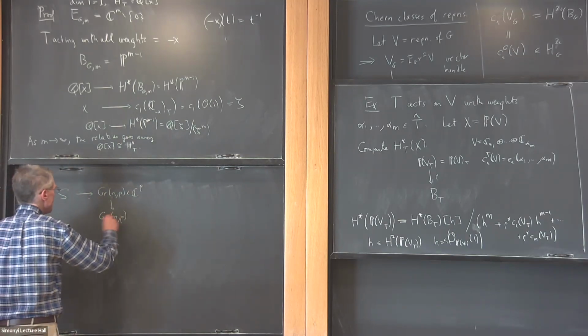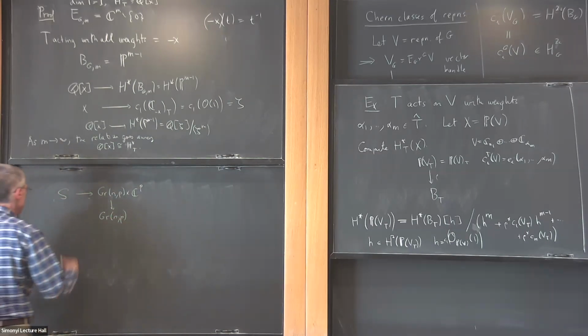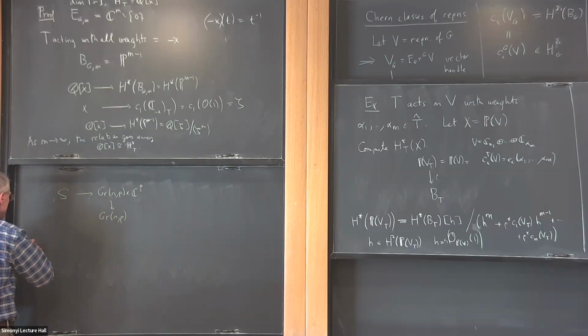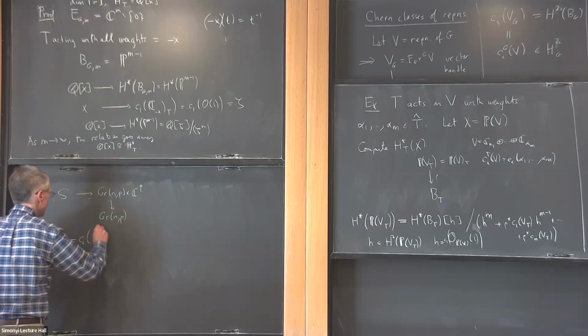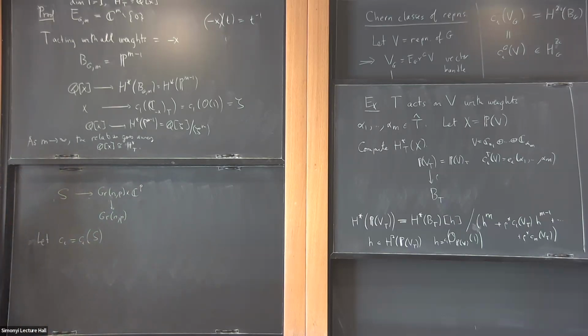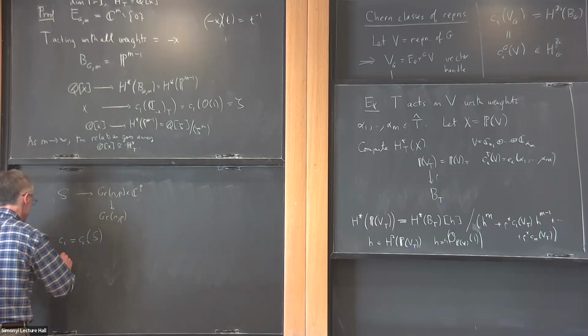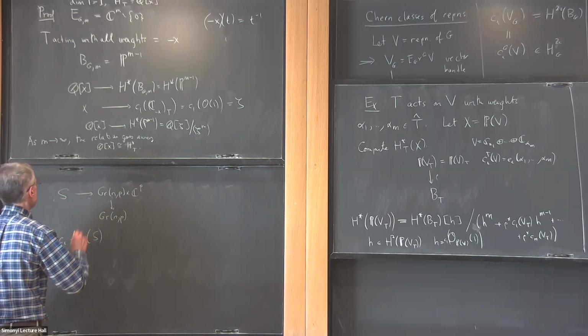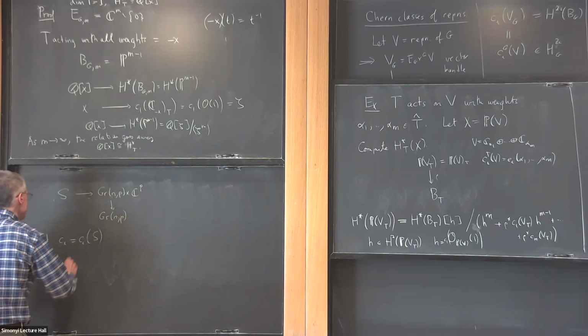Over any point here, S is the plane that corresponds to that point. So this is the tautological vector bundle. Let Ci be the ith Chern class of this bundle S.